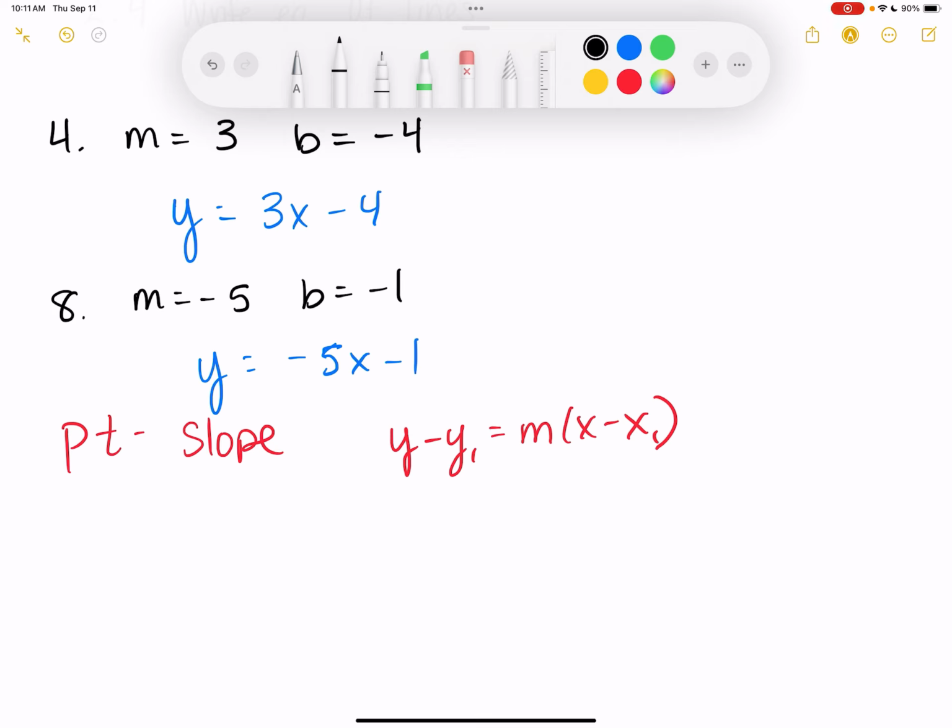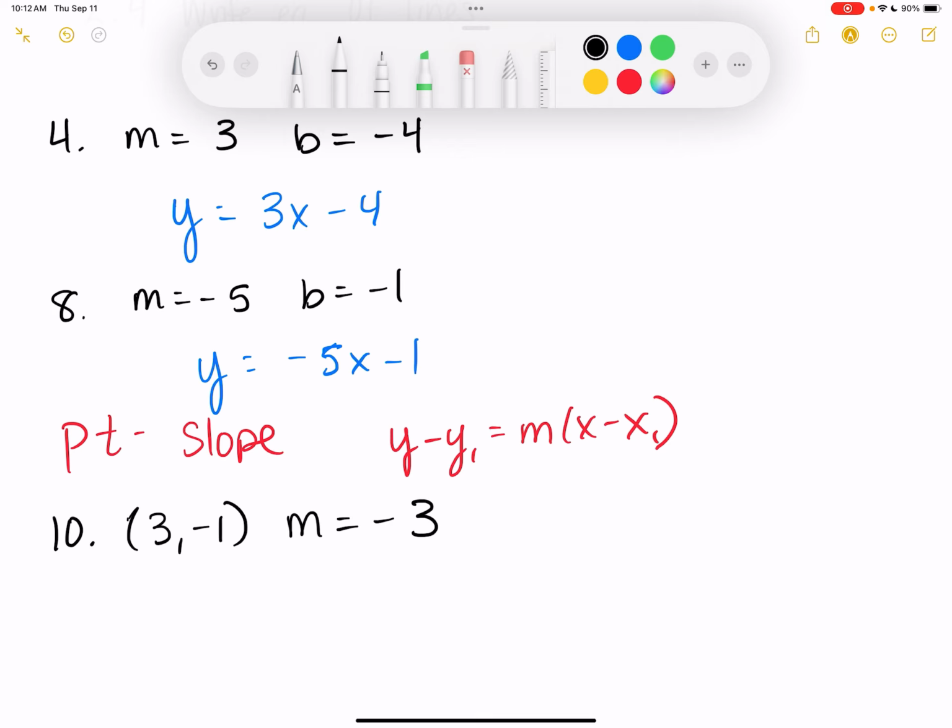All right. Number 10. The point is (3, -1), and the slope is -3. So be aware, a little bit later in the section, they're going to give us 2 points instead of a point and a slope, and they're going to tell you to write the equation of the line. If they don't specify what form, it doesn't matter. We typically want to go all the way to slope-intercept, though, because that's the easiest to deal with.